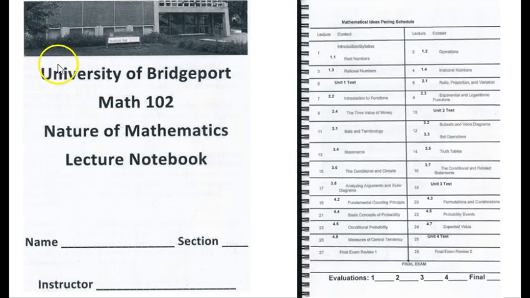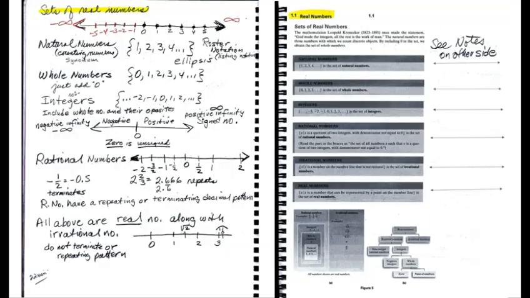This is what your lecture notebook looks like, and in the inside page it gives what we will be covering each class. And we can actually see some of the notes that I've taken in the past, just to give you an idea of what they look like. So there is real numbers, our first topic.